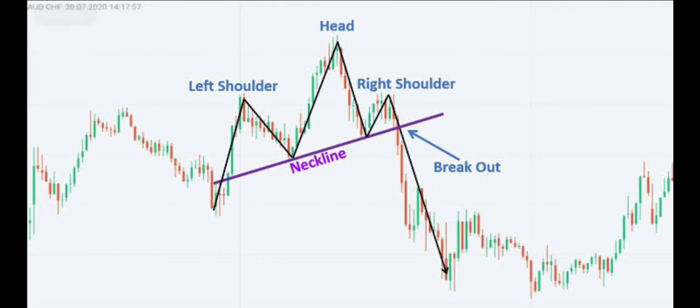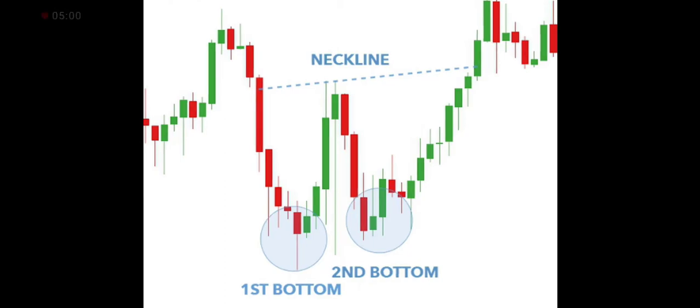There was a breakout in the neck region, trying to tell you that we are actually going on a downtrend. These are market patterns that you need to score in your head, because they are going to pay you off in this space. Now going to the next one we have here.